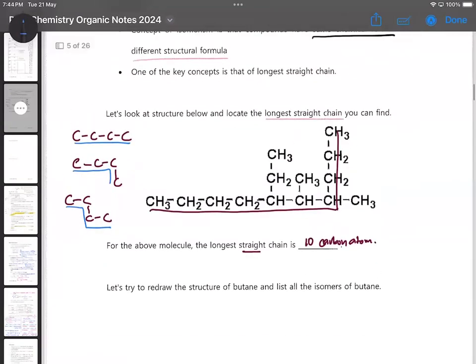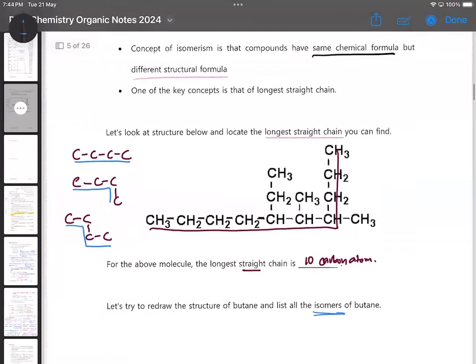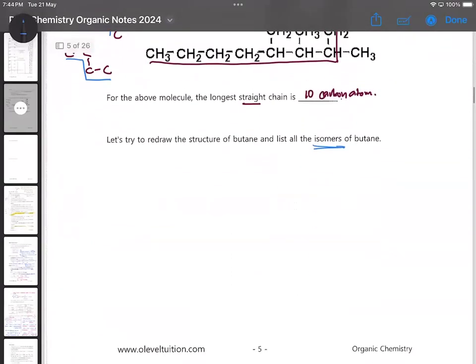As mentioned, isomers are different structures, but the formula is basically the same. So let's take a look at this. Butane is C4H10.